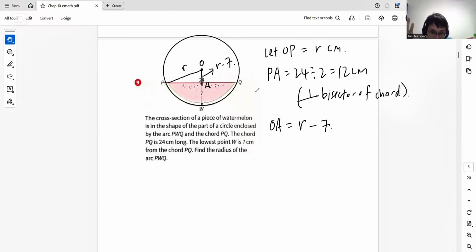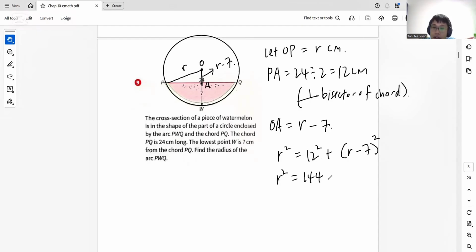Okay, so same thing. Use Pythagoras theorem again to form an equation. So R square equals to 12 square plus R minus 7 square. Okay, so R square equals to 144 plus R square minus 14R plus 49. So 14R equals to 144 plus 49.